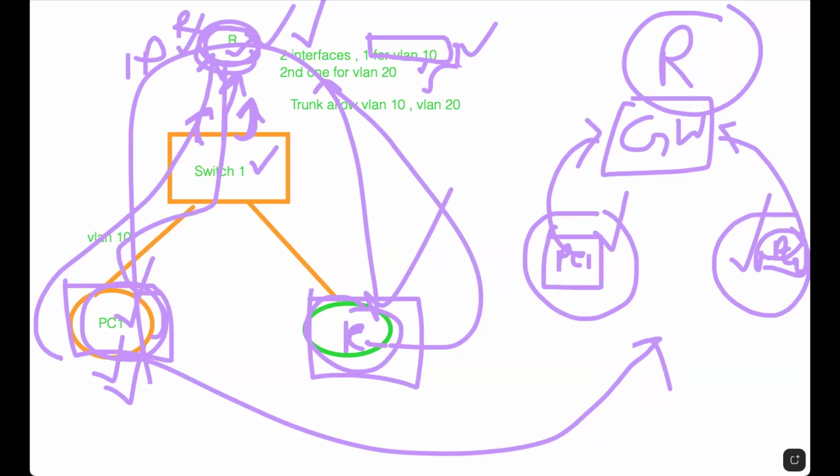Okay, any questions, guys? No? Okay, all right. I have a question. Okay, go ahead, please. Can two routers communicate with each other? If we have another two PCs which are connected to another router, is there any possibility that two routers can communicate with each other?